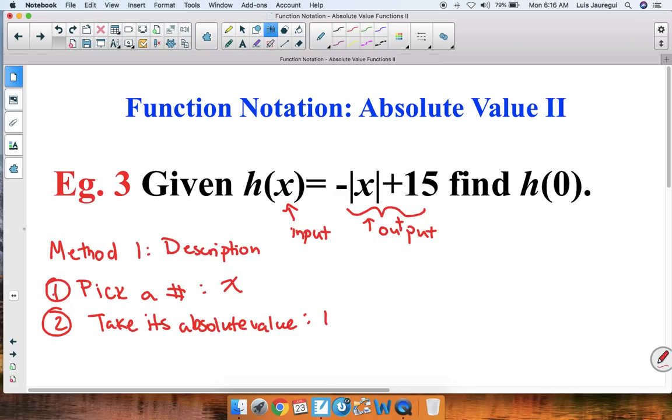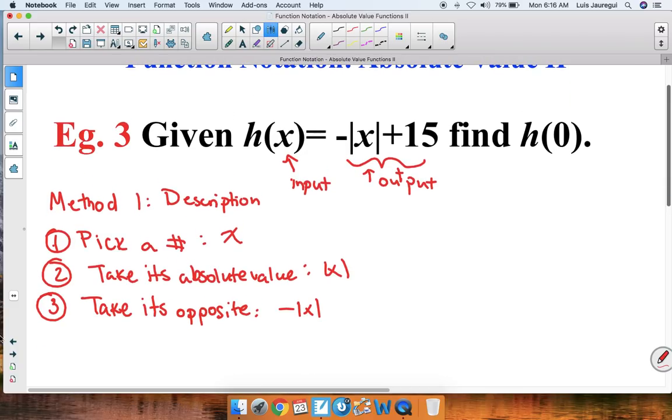Thus, you get the absolute value of x. Now, the next step is to take its opposite, or get the additive inverse. That way, we can get the opposite of the absolute value of x. And the last thing that we're doing is to add the 15. So step 4, add 15. Thus you get the opposite of the absolute value of x, plus 15.